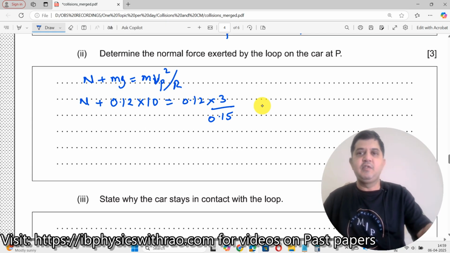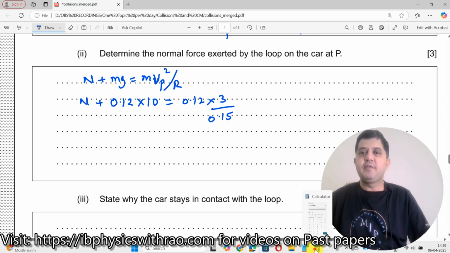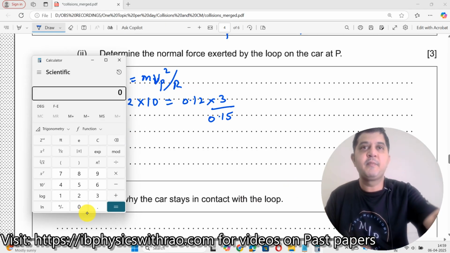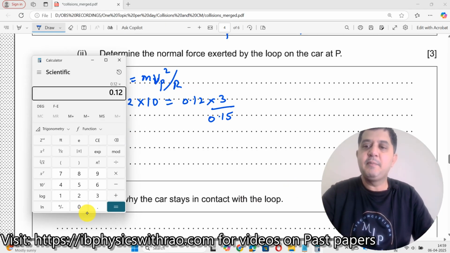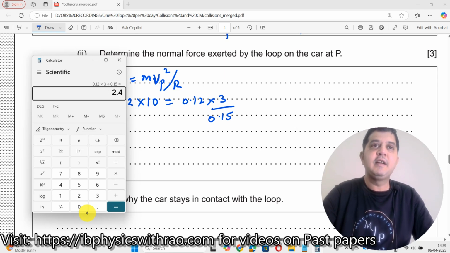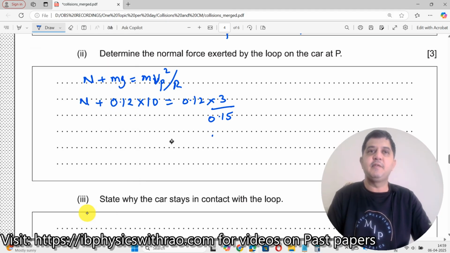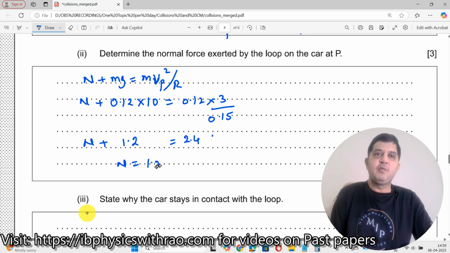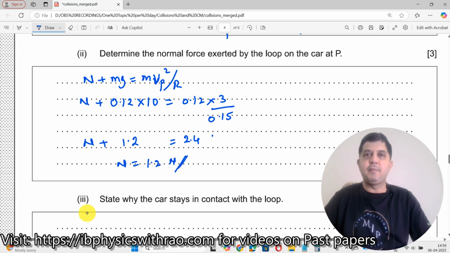Let us calculate the value of N. 0.12 multiplied by 3 divided by 0.15 gives 2.4. So N plus 0.12 into 10, which is 1.2, is equal to 2.4. That means N should be equal to 1.2. What is this? The normal force, in Newton. So the value of the normal force is 1.2 Newton.